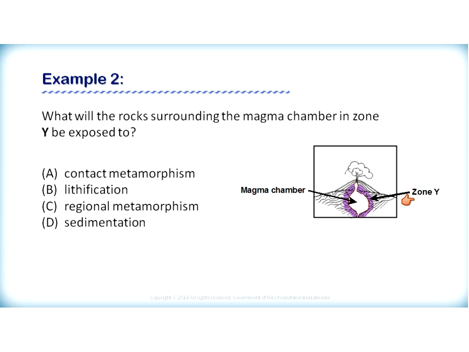Therefore, they will be characterized by contact metamorphism. The rocks will be baked and therefore change, resulting in a metamorphic rock forming. So the answer to this question will be A, contact metamorphism.